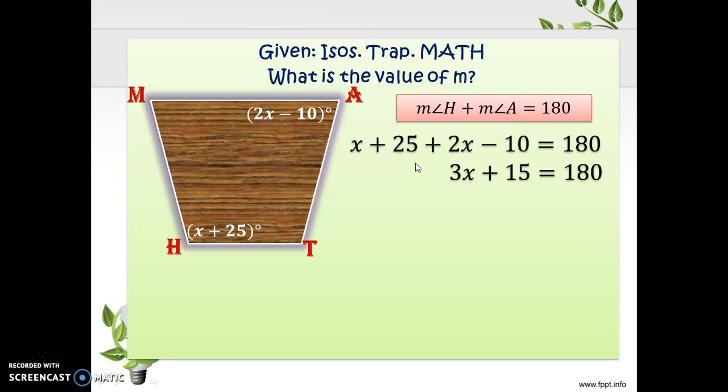We combine similar terms: x plus 2x equals 3x, and 25 minus 10 equals 15. So 3x plus 15 equals 180. So 180 minus 15 is 165. Dividing both sides by 3, we have x equals 55. So therefore, the value of x here is 55.